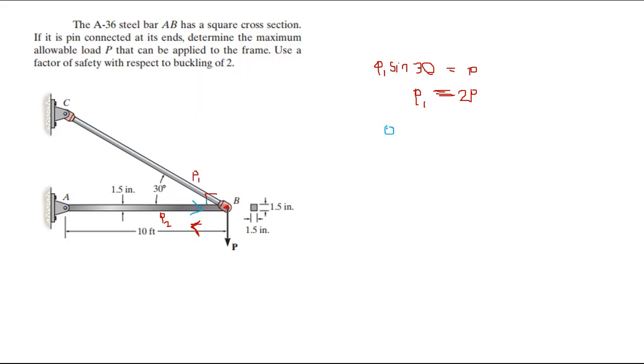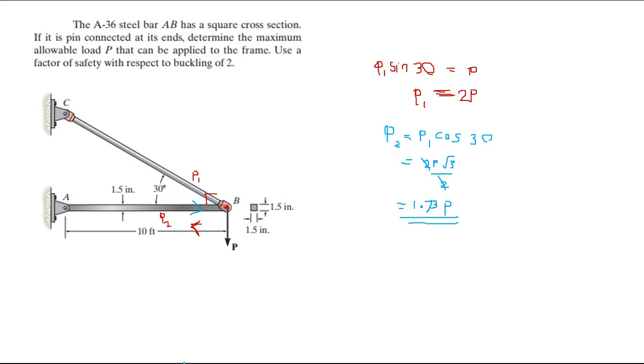So P2 should be equal to P1 cos 30. You can write 2P times cos 30, so that brings you 1.73 times P, right?